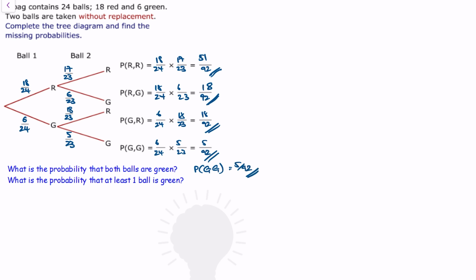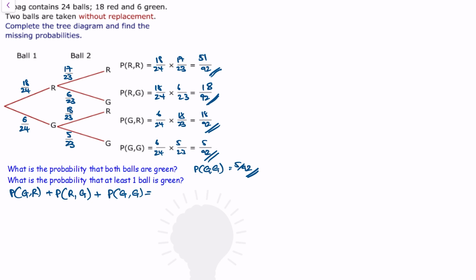What is the probability that at least one ball is green? At least one ball is green means one green ball or two green balls. So the combinations we need to look at are the probability of green and then red, plus, because they're mutually exclusive events, the probability of red and then green, which is different to green-red, plus the probability of green-green, because at least one ball is green means both of them can also be green.